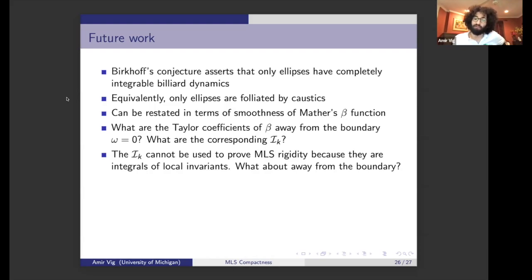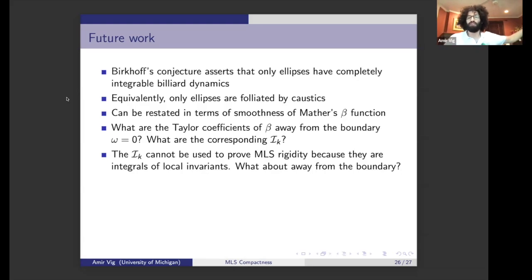However, away from the boundary, those integral invariants are possibly useful. In fact, like 40 or 50 years ago, somebody tried to prove Birkhoff's conjecture by studying caustics of caustics. For an ellipse, a confocal ellipse is a caustic, and confocal ellipses of that confocal ellipse are also caustics.